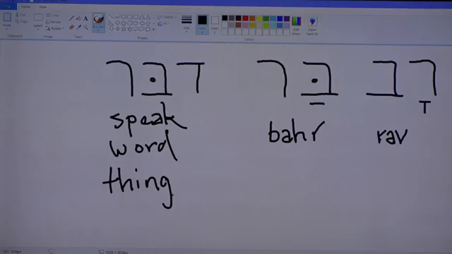Yeshua is Debar Yahweh. We put different vowels to pronounce it. So I could say debar. That's word. Which is similar to speak, yes? The verb to speak is debar. The word word is debar. The word thing, which is also kind of like a word, is debar or deber.